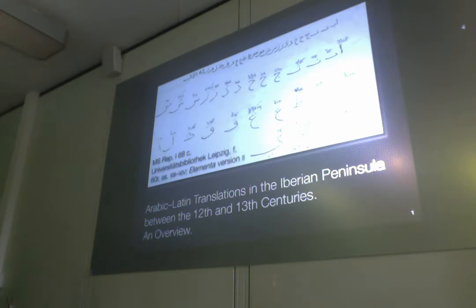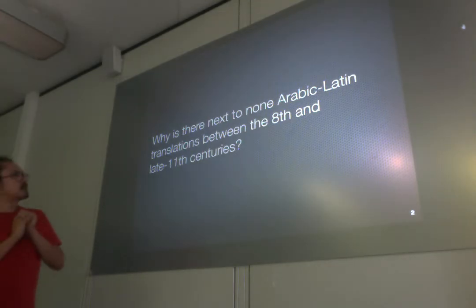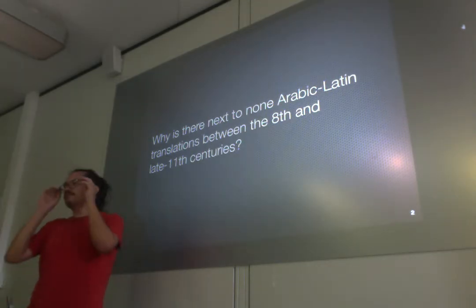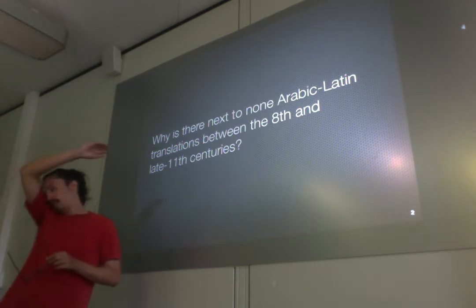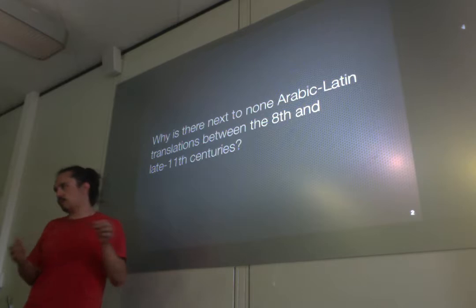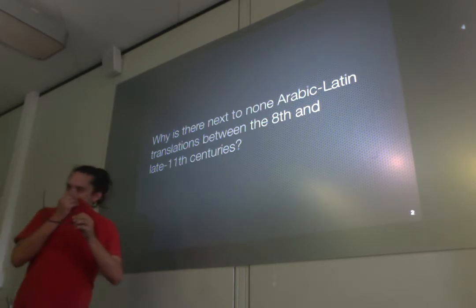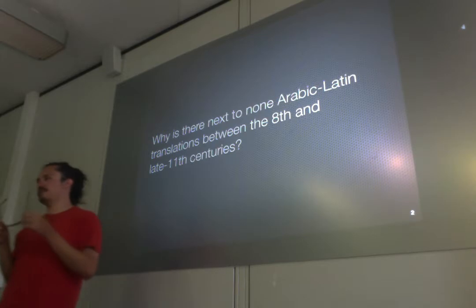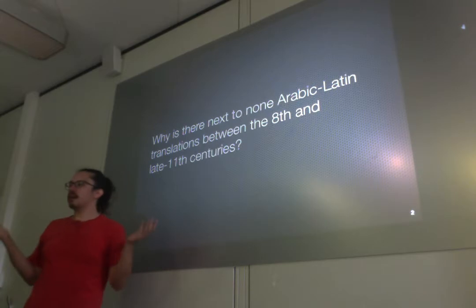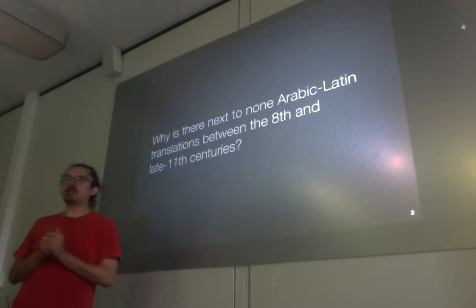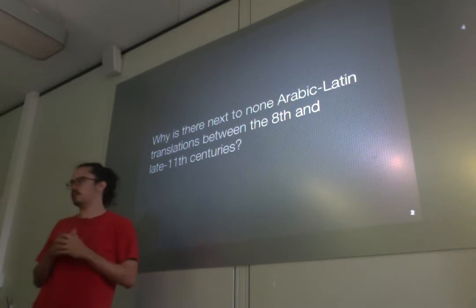I would like to start by pointing out that the very big translation movement in the Iberian Peninsula happened between the 12th and 13th centuries. But then we would ask, if the Arabs conquered the Iberian Peninsula in the early 8th century, why do we have, as I put it here, next to no Arabic-Latin translations?